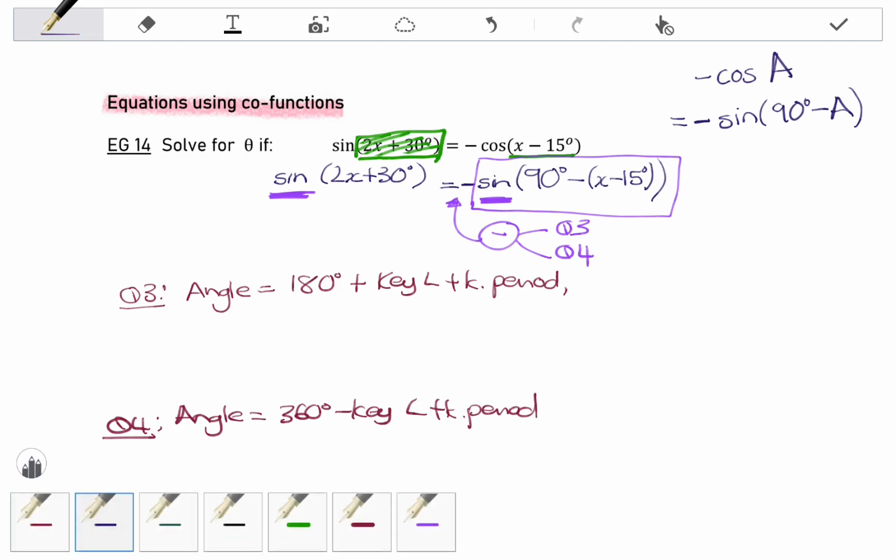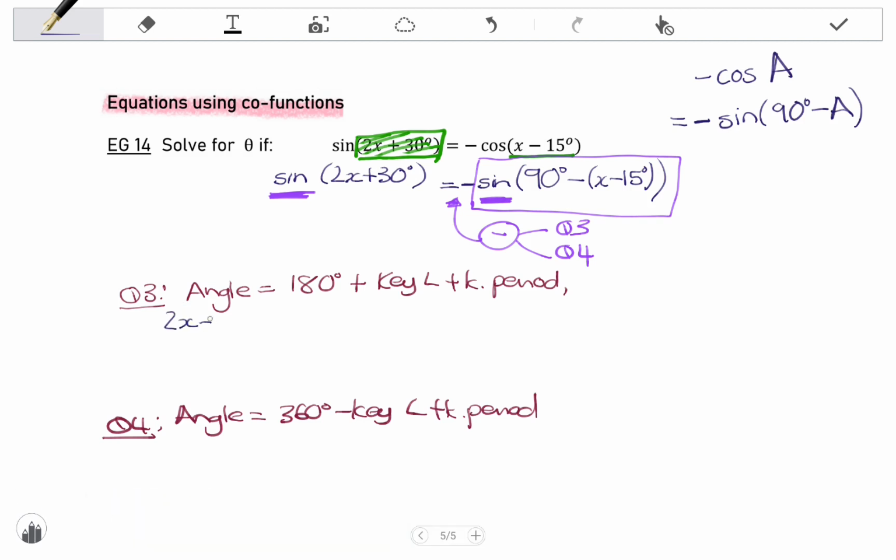Just remember that because we are working with complex angles here, my angle from the left hand side is 2x + 30° = 180° plus my key angle, which is the angle from the right hand side, 90° minus (x minus 15°). Then I add multiples of the period of a sine graph, which is 360.